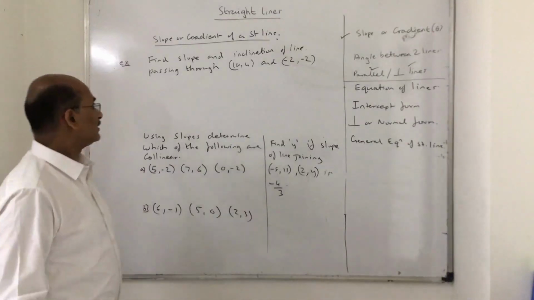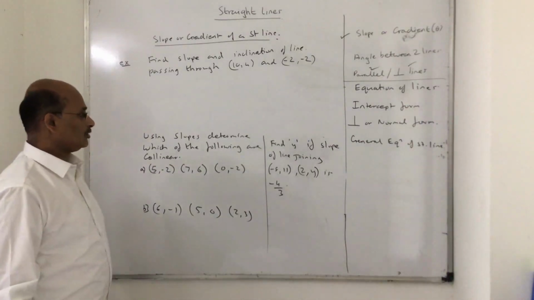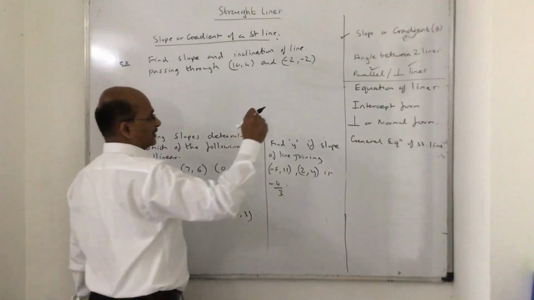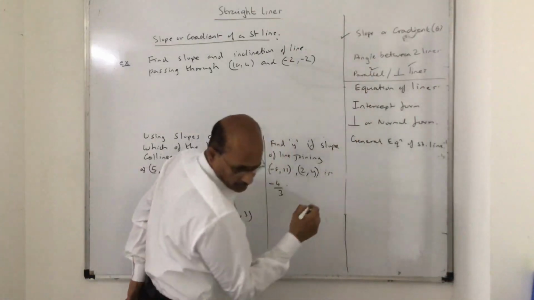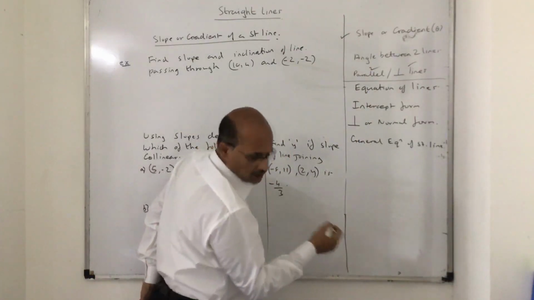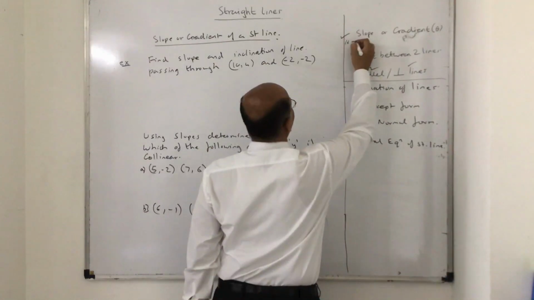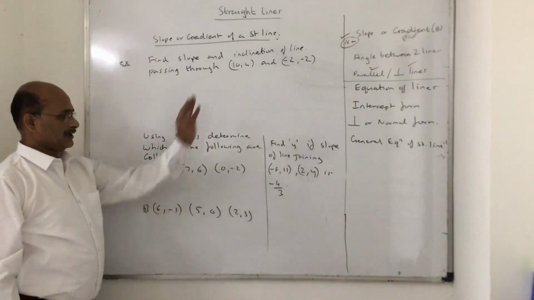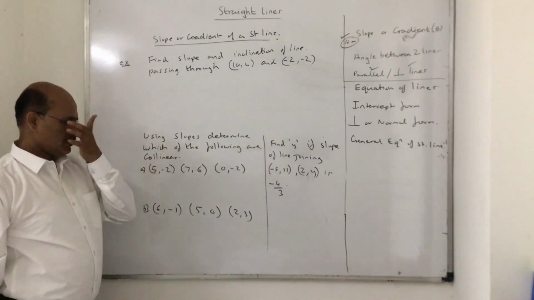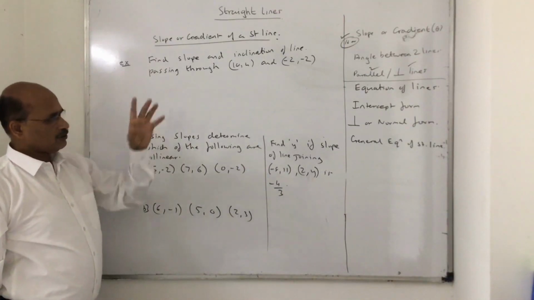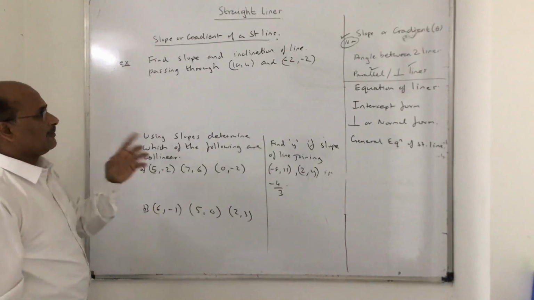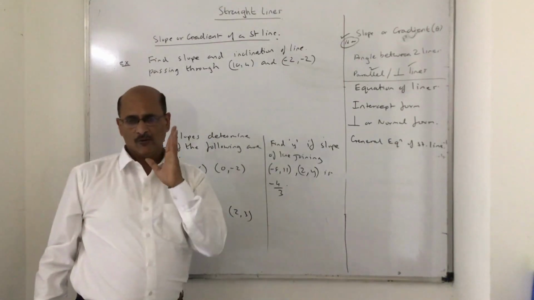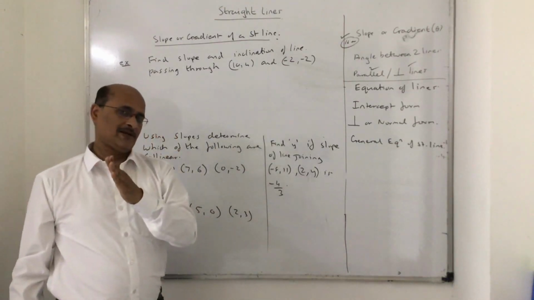Hi children, let us see the questions based on this. Actually the first exercise, I think its topic is 16a. The first exercise is based on this completely. So some sums from the exercise I have taken up. They are important sums, and basically you apply whatever we have studied. Remember, slope of a line is tan theta, y2 minus y1 upon x2 minus x1.